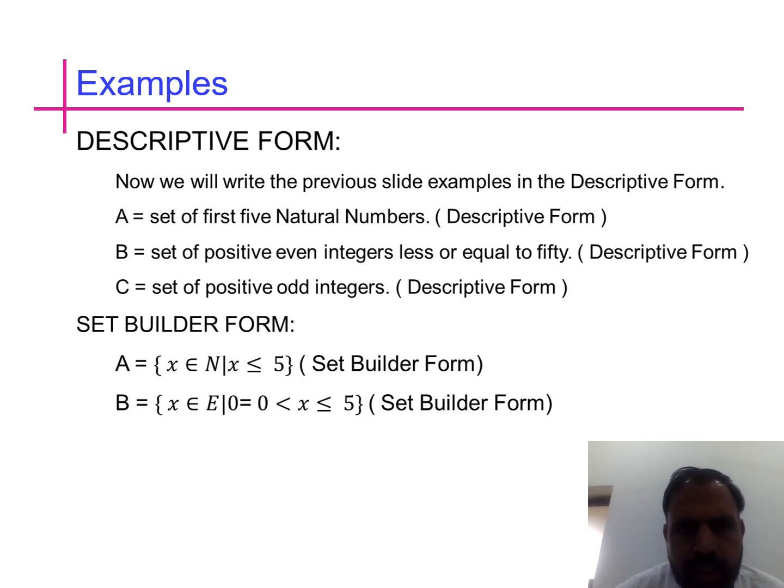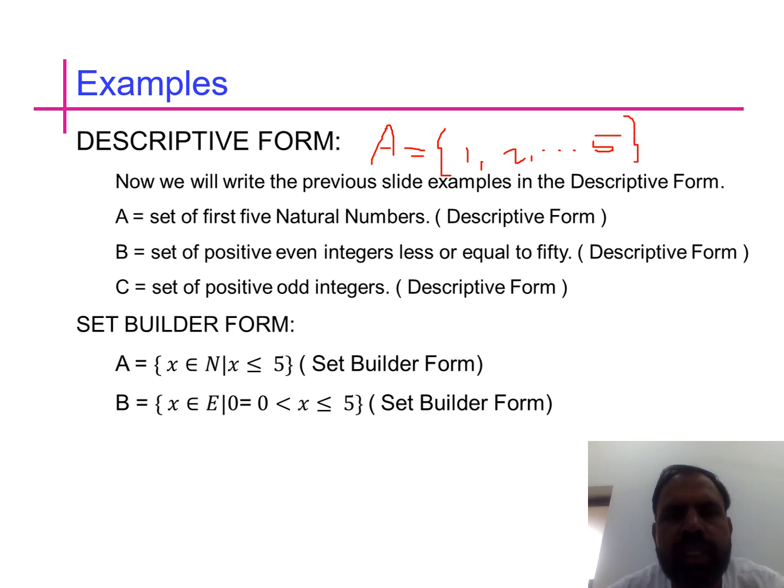In the previous example we wrote A as 1 to 5. Now in descriptive form, you describe the sets.